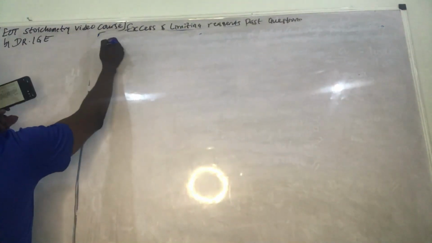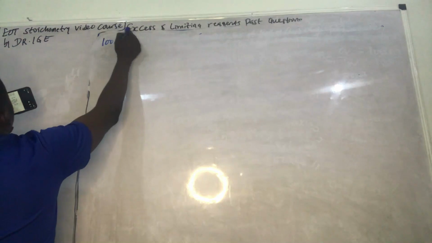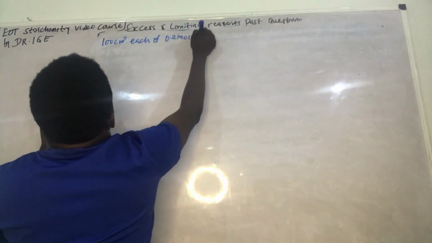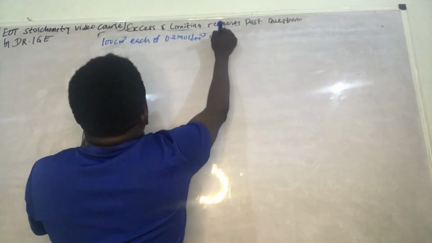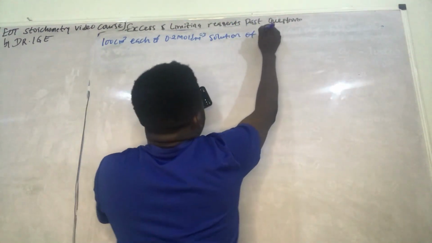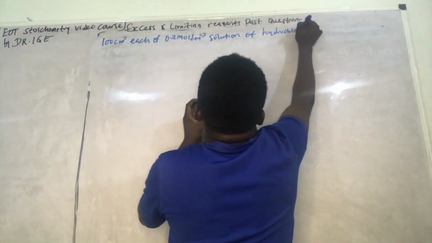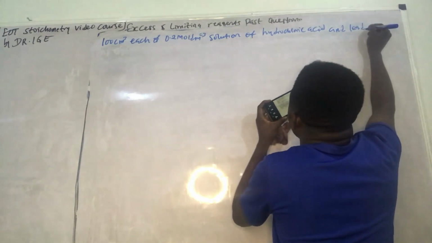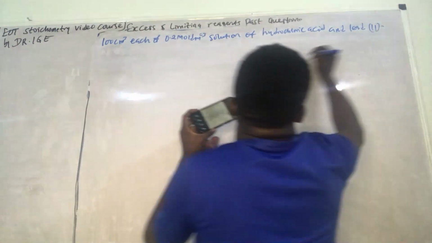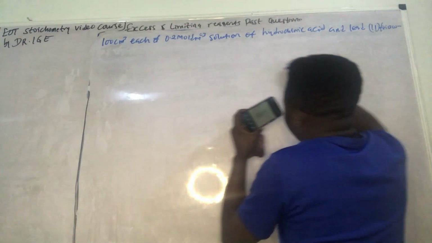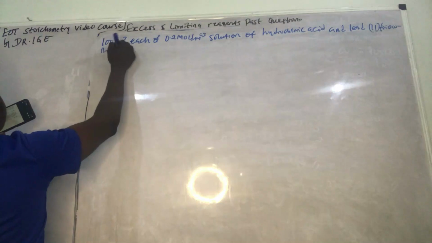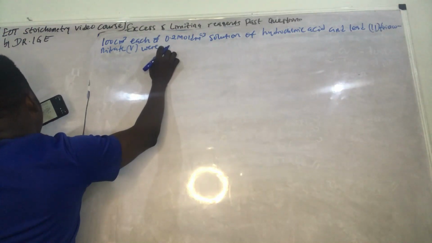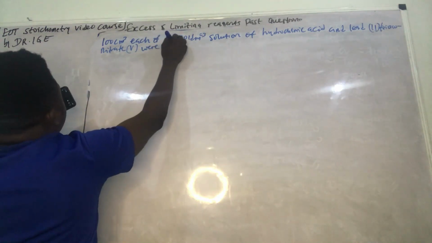Alright, so it says 100 cm3 each of 0.2 mole per dm3 solution of hydrochloric acid and lead(II) nitrate were mixed, right?